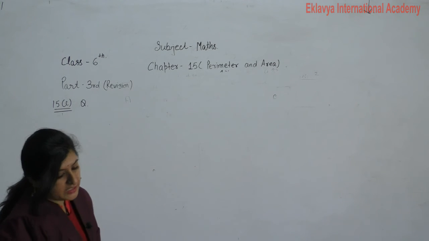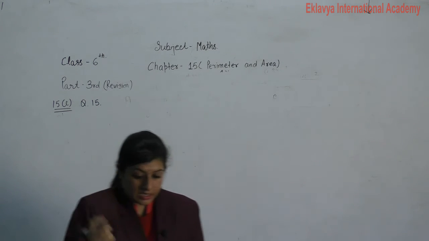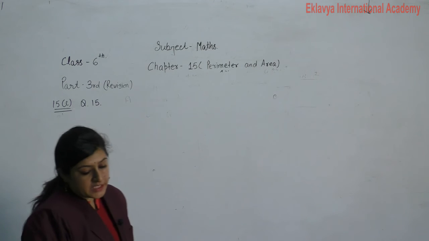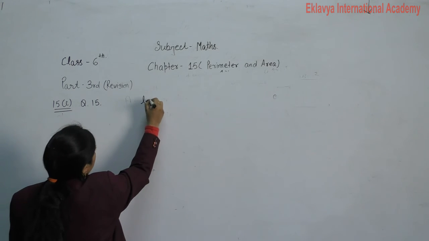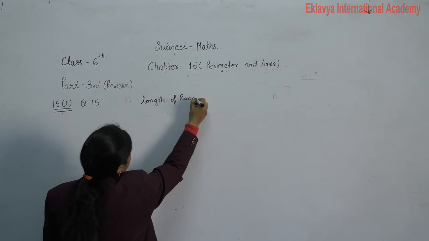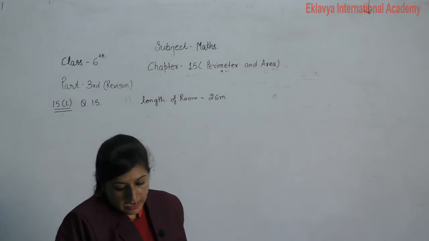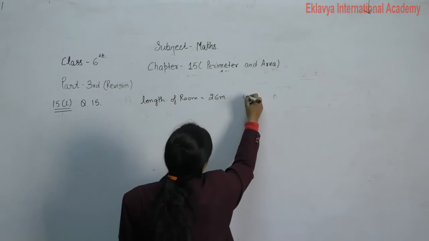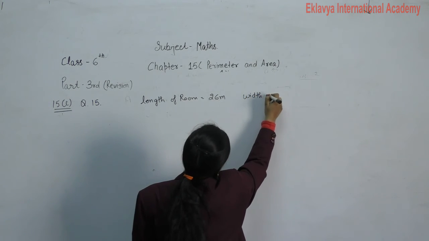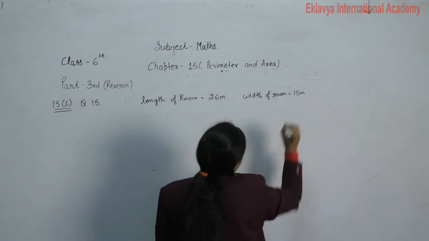Question number 15. A room is 26 meter long. Then length of room 26 meter and 15 meter wide. Width of room 15 meter.